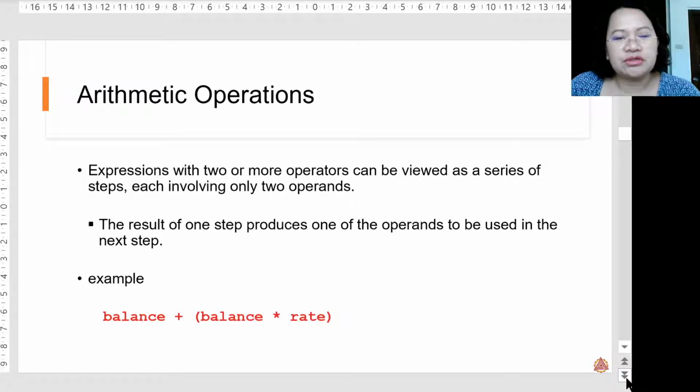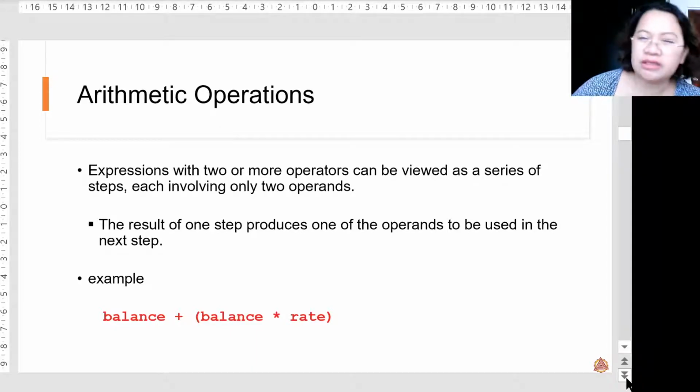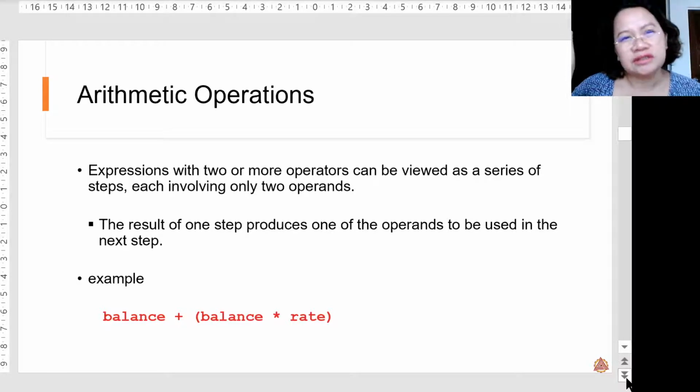Now, expressions with two or more operators can be viewed as a series of steps, each involving only two operands. So, example, kung nag-add kang tulo or nag-add, subtract, minus, or nag-multiply. So, in one expression, there are more than one operator. Like, for example, balance gets balance plus balance times rate.